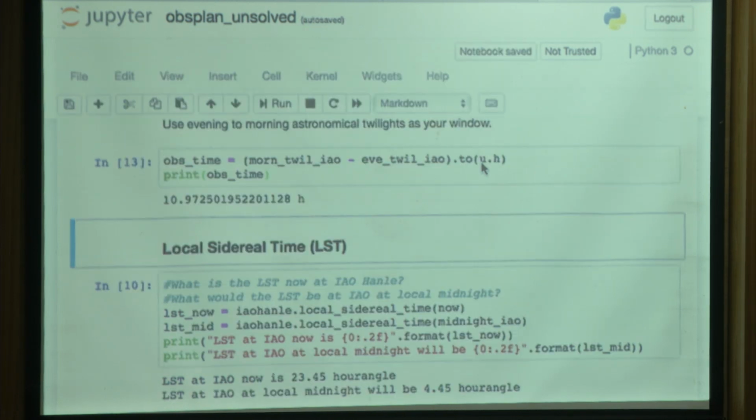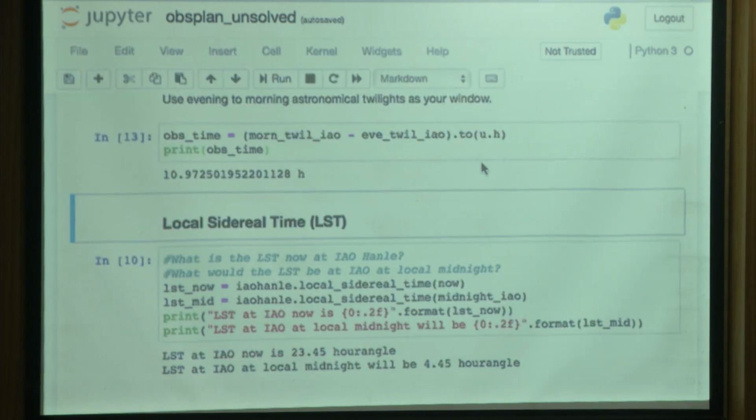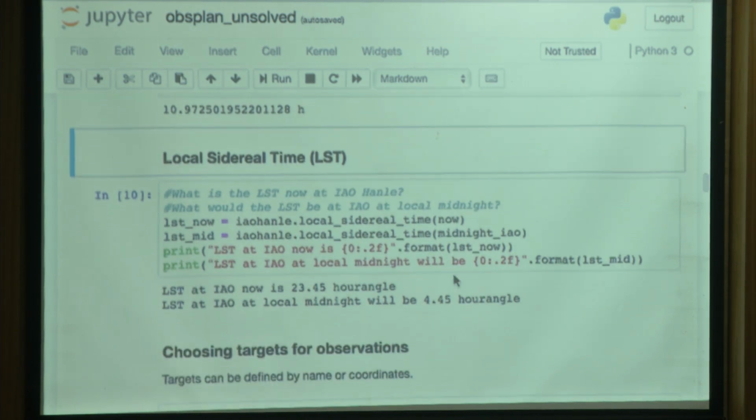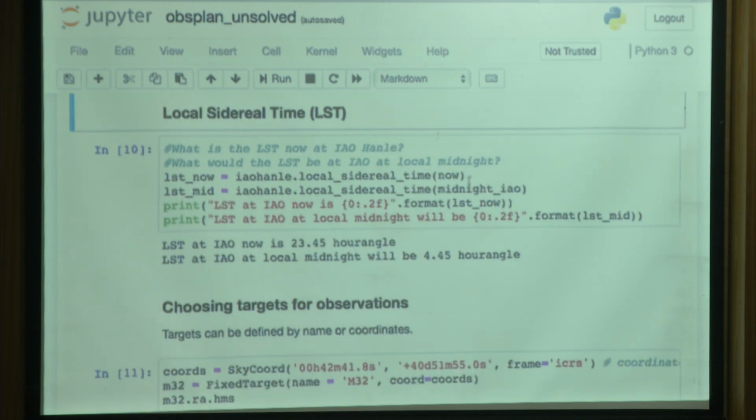So everybody with me so far? Okay, so shall we proceed? So now let's look at the local sidereal time. Now, as we talked about the hour angle, it is basically the difference between the local sidereal time and the right ascension of the object. And so now let's find out what the LST is at the Indian Astronomical Observatory.